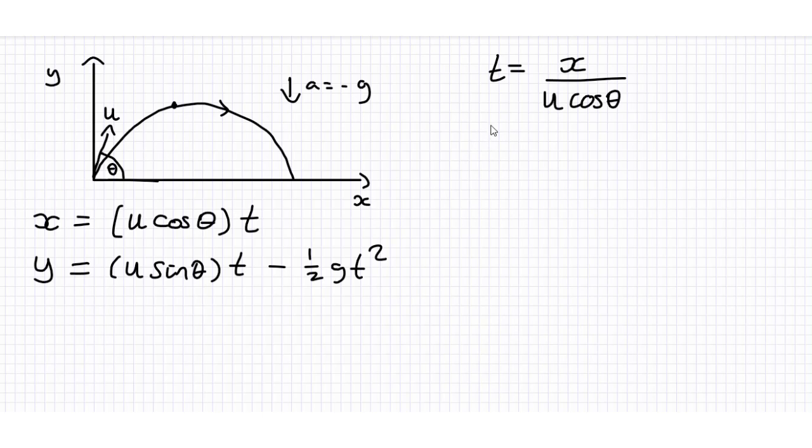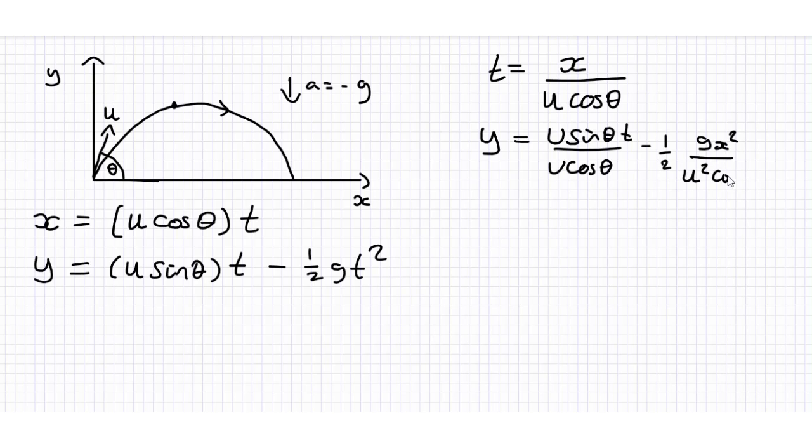Okay, and then we substitute that into the second equation, and we get y is equal to u sine theta t over u cos theta minus 1/2 g x squared, okay, because we're substituting t squared, over u squared cos squared theta.